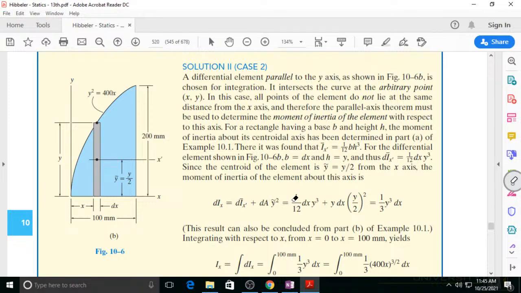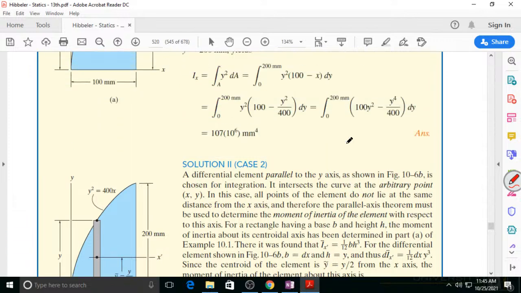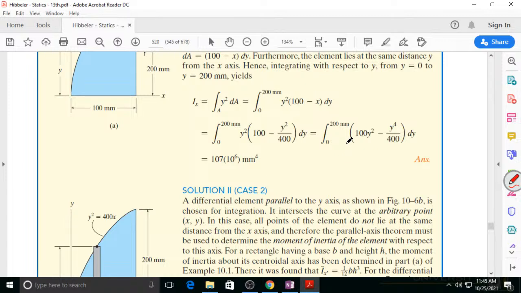If you look at what he does here in case 2, this can be a point of confusion, but what you find out is he goes in and does this integral here, and notice what he's doing here.